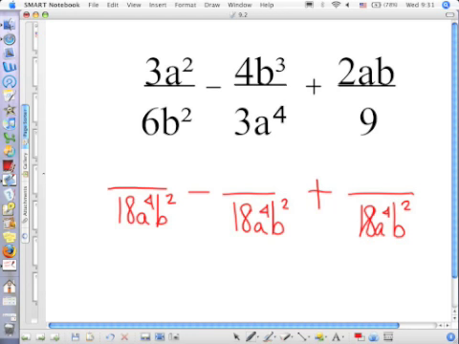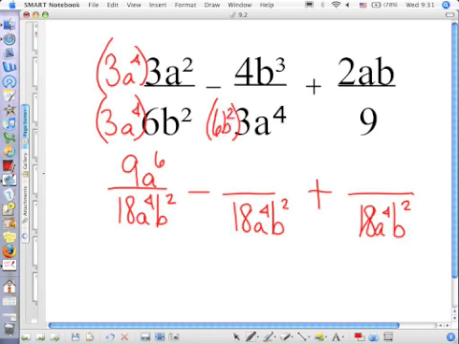So, now let's focus on one fraction at a time. We had to multiply by 3a to the 4th to turn this into this. So we've got to multiply the numerator by 3a to the 4th. Here I had to multiply by 6b squared to get 18a4b squared.